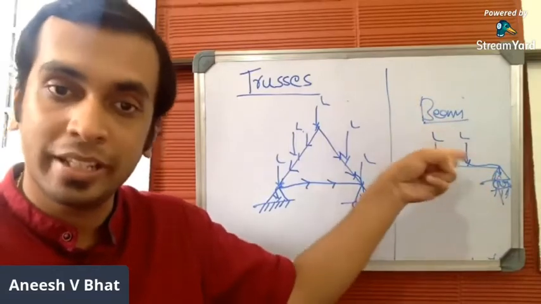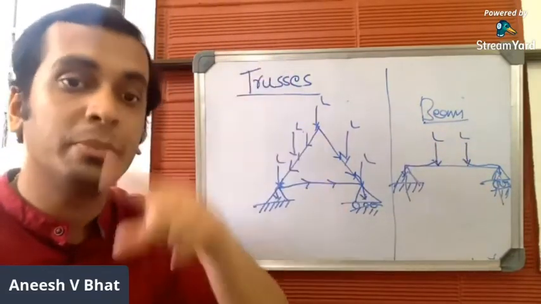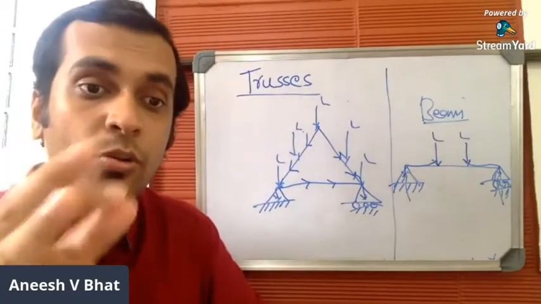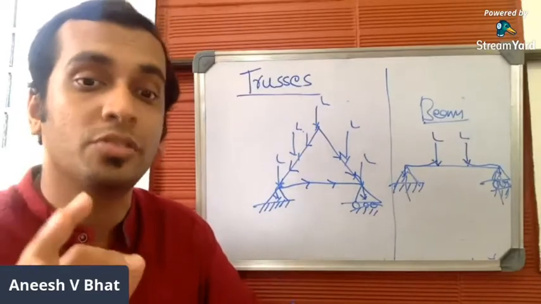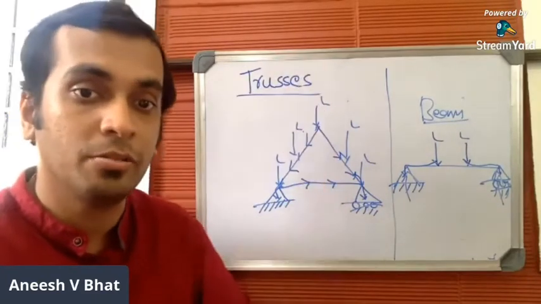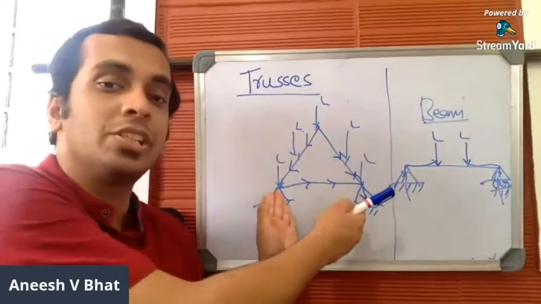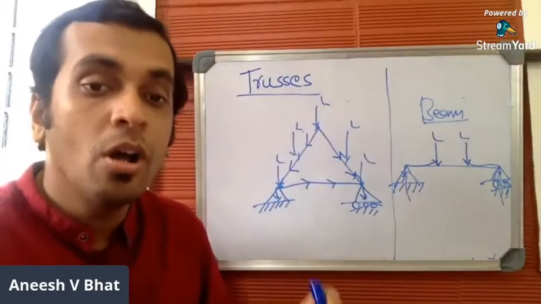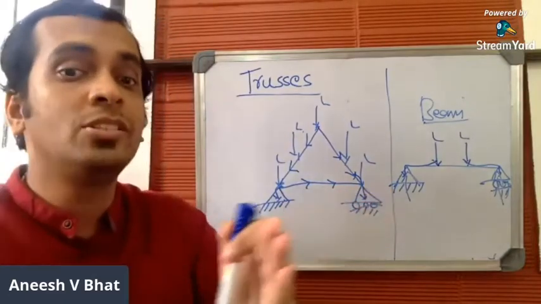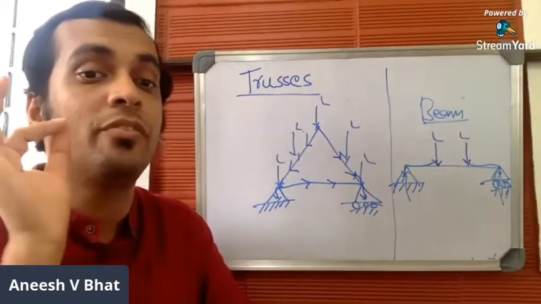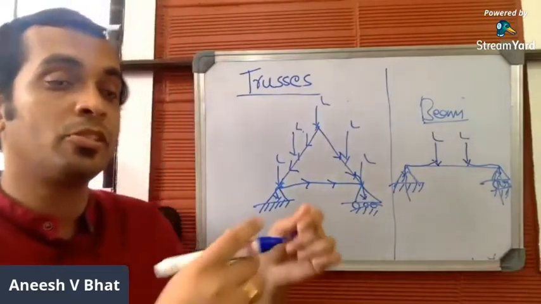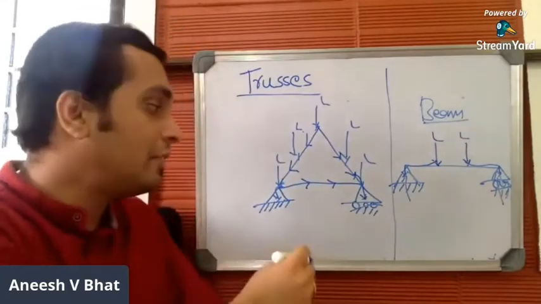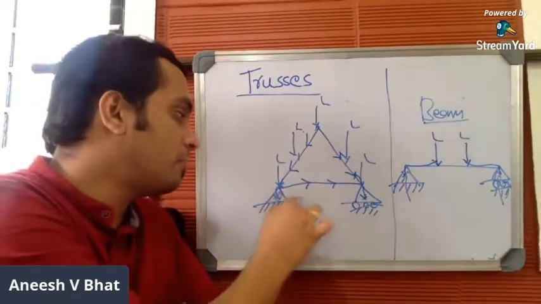There's only one member in beams, whereas in trusses you have a number of straight members joined together. So all the straight members will carry a certain amount of load or force because of the vertical load. Finally it will be transferred to the supports.